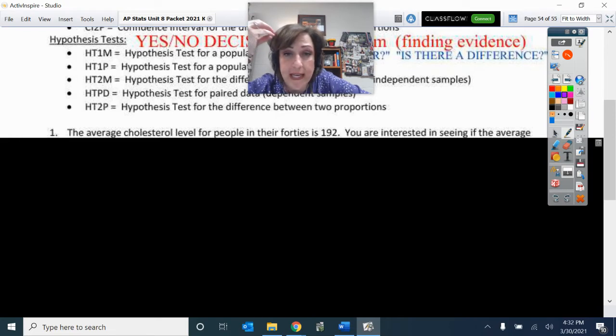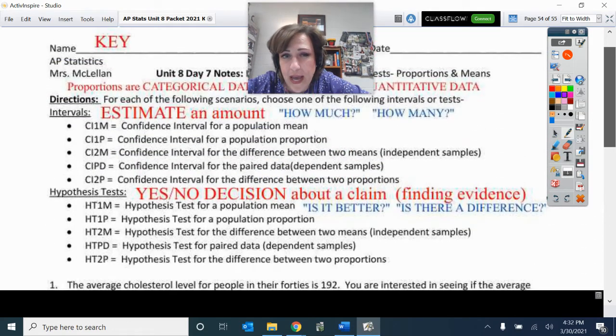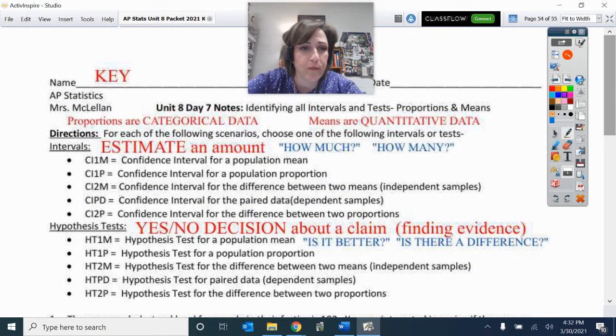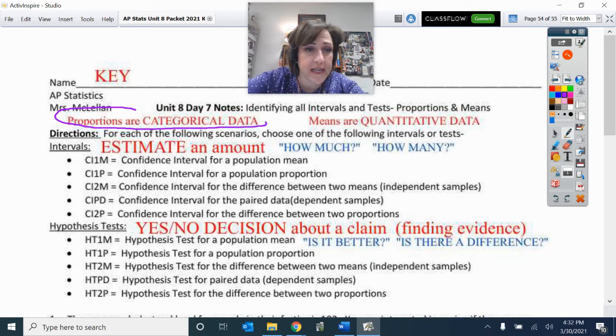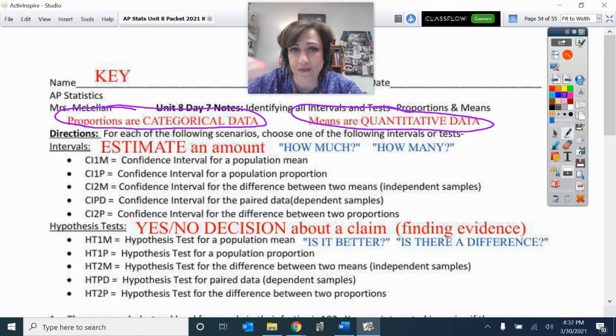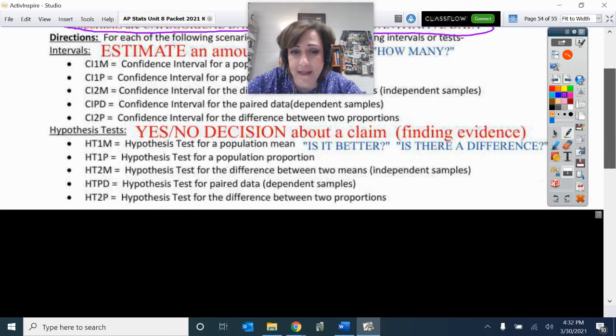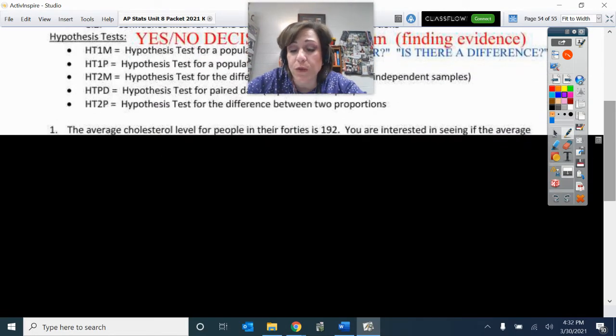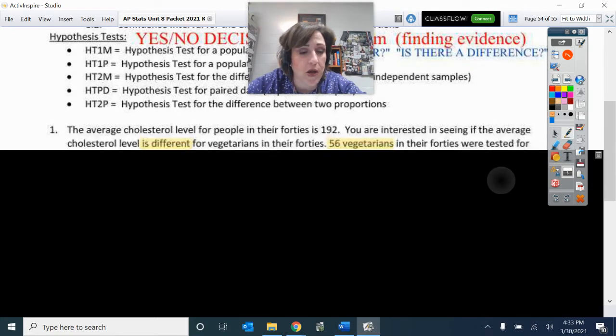So I'm already at this point thinking, what kind of data do we have? Do we have proportions and categorical data, or do we have means and quantitative data? So I'm already kind of thinking about that. All right. You are interested in seeing if the average cholesterol level is different for vegetarians in their 40s.